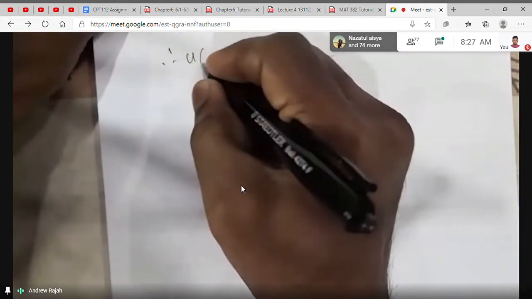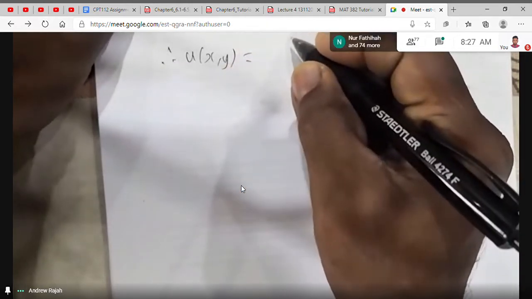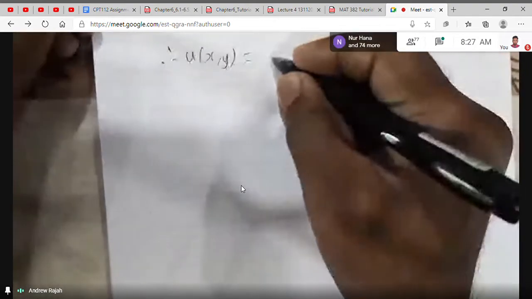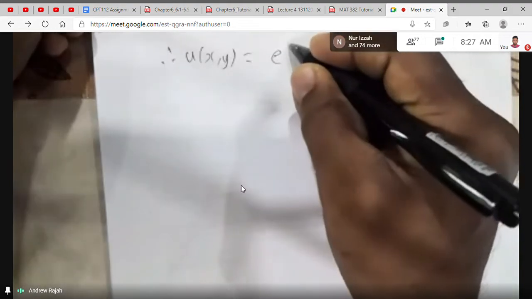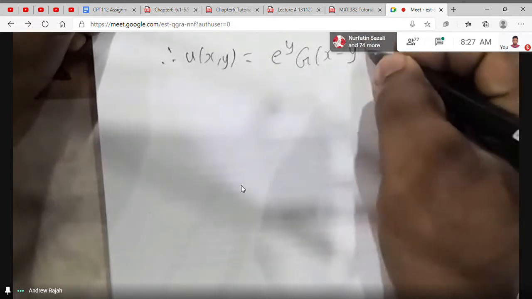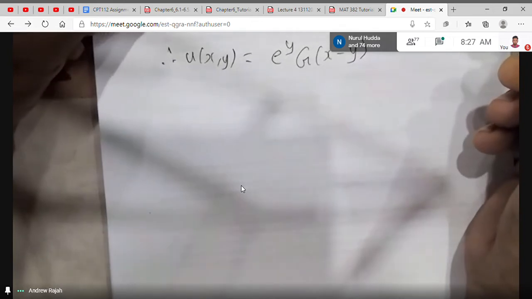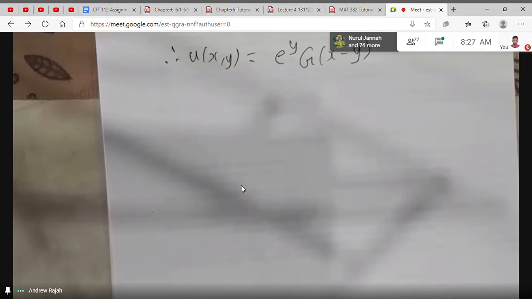Therefore, u(x,y) is e to the power of y times by v(x,y) is g of x minus y. Correct or not? Sure.